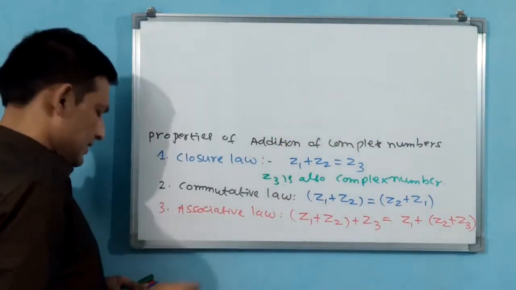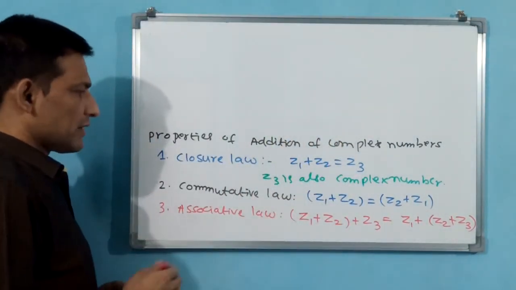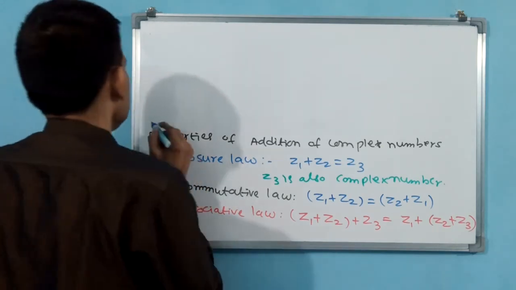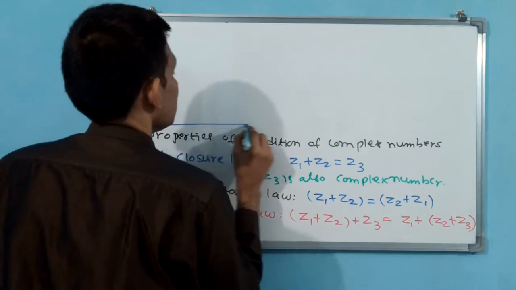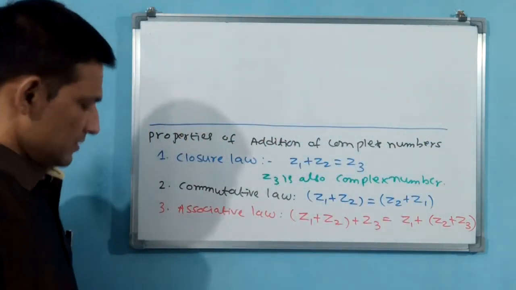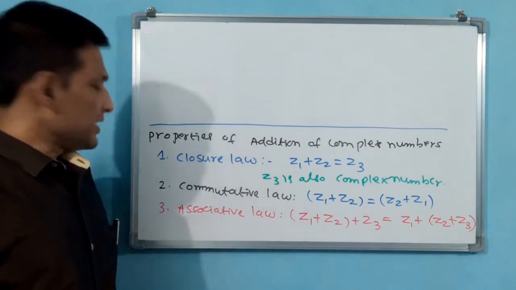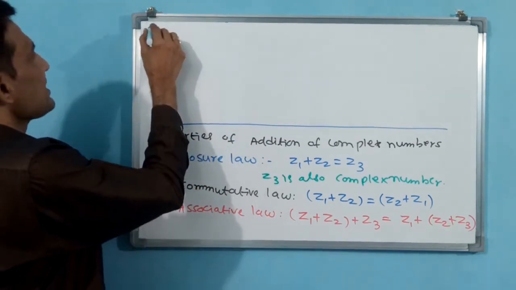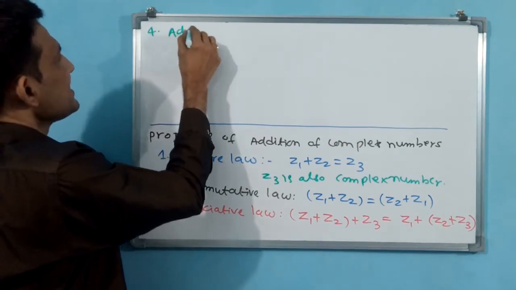Next, the fourth property is additive identity.